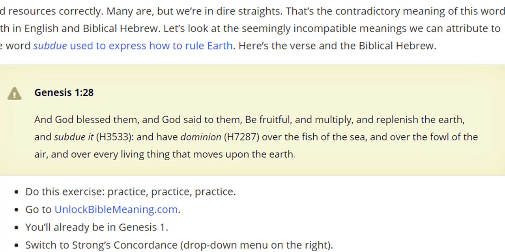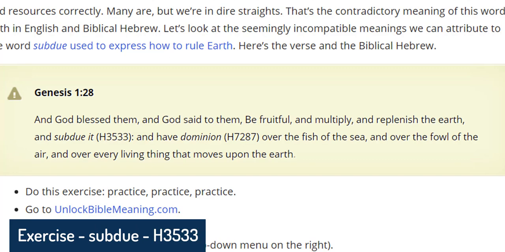That's the biblical Hebrew in Strong's Concordance, H3533. And have dominion, H7287, over the fish of the sea, and over the fowl of the air, and over every living thing that moves upon the earth.